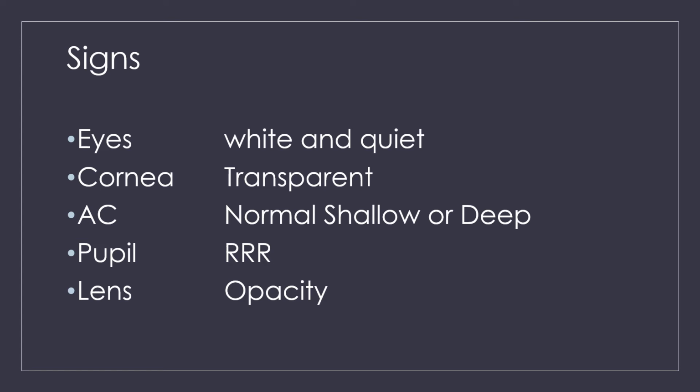Anterior chamber is usually of normal depth but may be shallow in intumescent cataracts or may be deep in hypermature Morgagnian cataract. Iris is normal, and the pupil is also normal, rounded, regular and reacting. And the lens shows some kind of opacity.